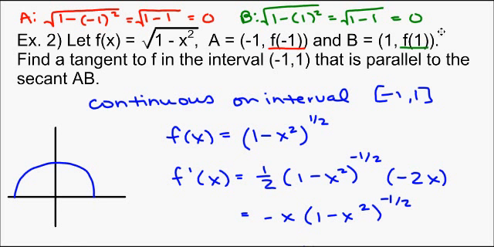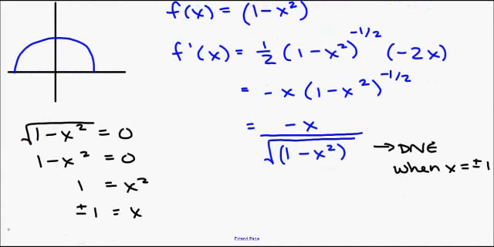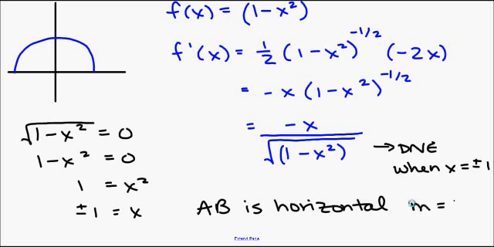So we have a horizontal line. AB is horizontal, which means that our parallel line will also be horizontal, m equals 0.